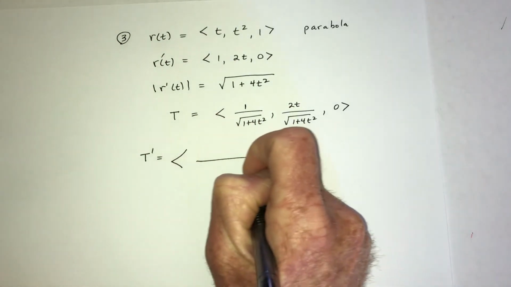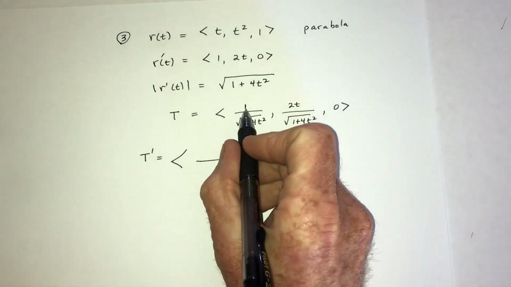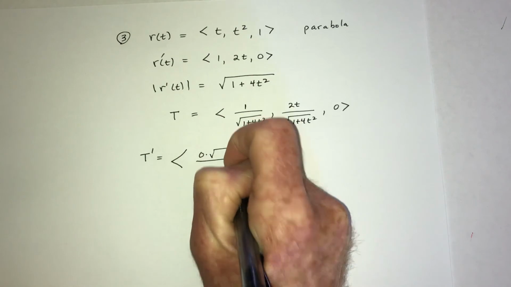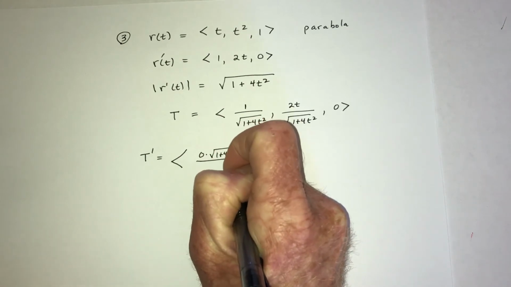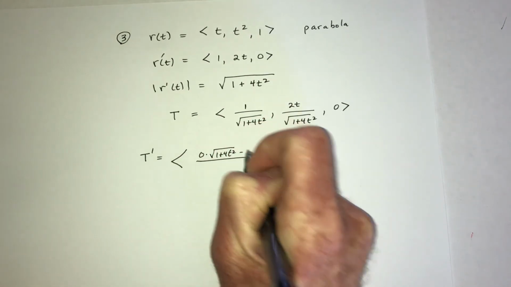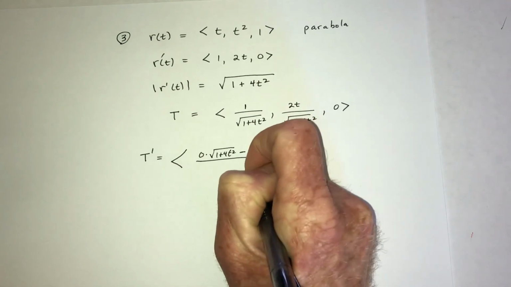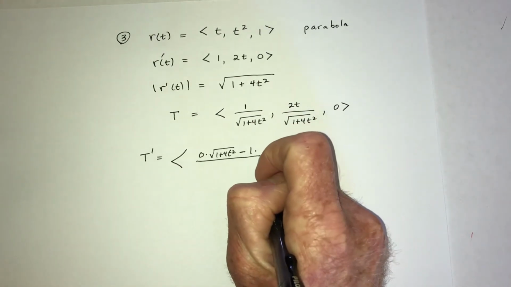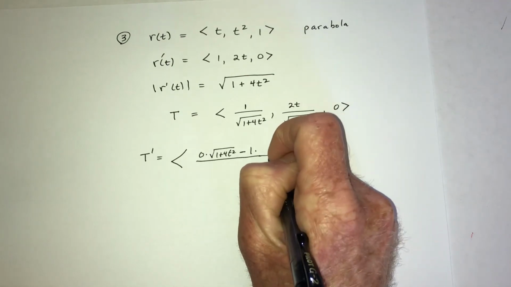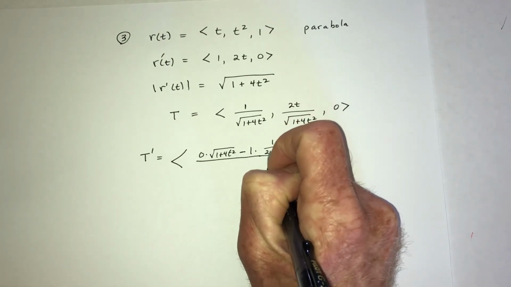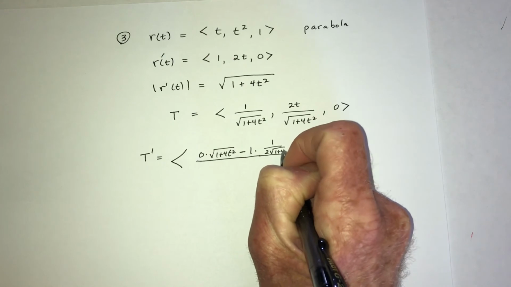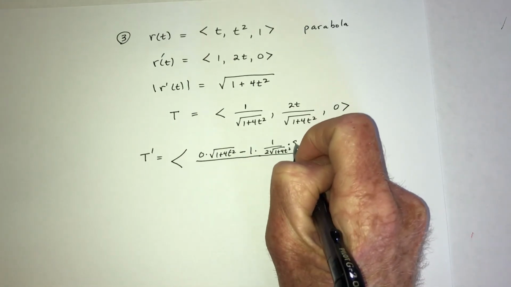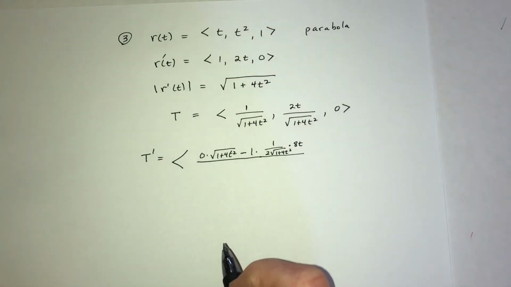So that means you're going to have a fraction. You start on the top, the derivative is 0, and then you leave the square root alone. And then it goes minus. Now leave the 1 alone and take the derivative of this square root. The derivative of a square root is 1 over 2 times the square root. And then don't forget the chain rule. The derivative on the inside is going to be 8t.